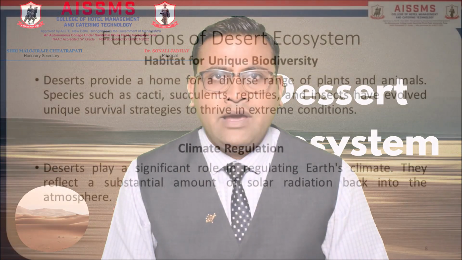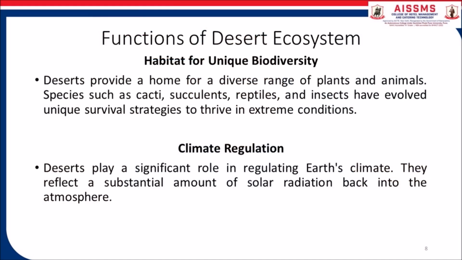First one, habitat for unique biodiversity. Deserts provide a home for a diverse range of specially adapted plants and animals. Species such as cacti, succulents, reptiles and insects have evolved unique survival strategies to thrive in extreme conditions.